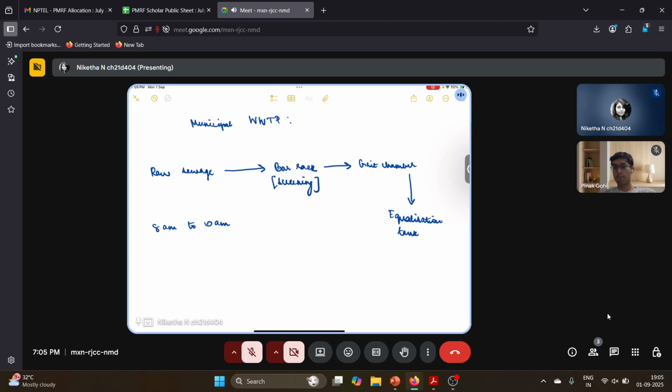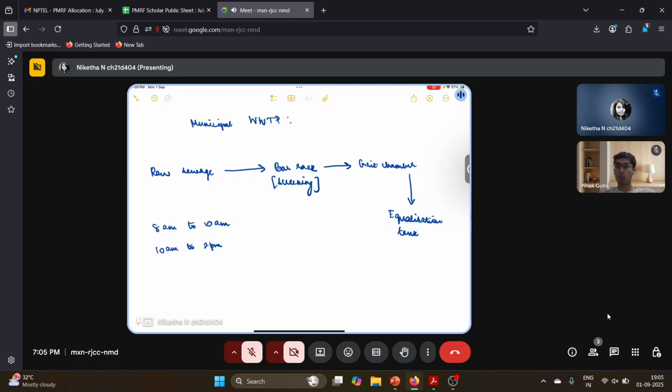And after 10 a.m. to maybe 2 p.m., there is not much sewage generated. So this is a lean period. During the lean period, the flow that comes to the sewage treatment plant is going to be less. But we have designed the sewage treatment plant for uniform or constant flow.